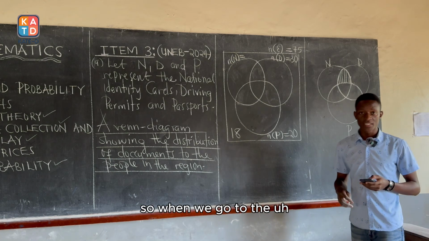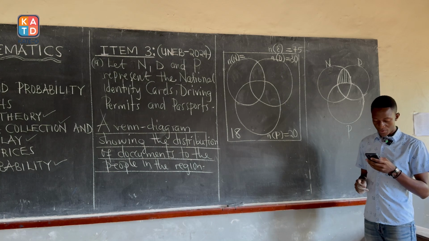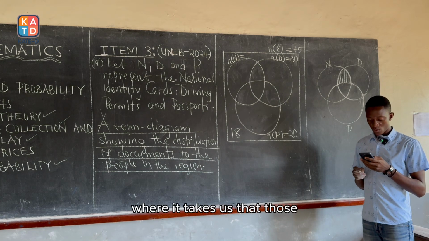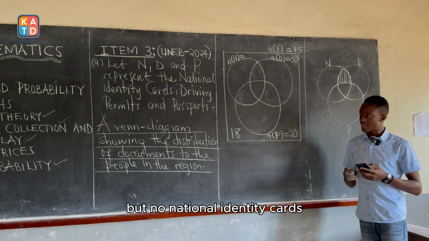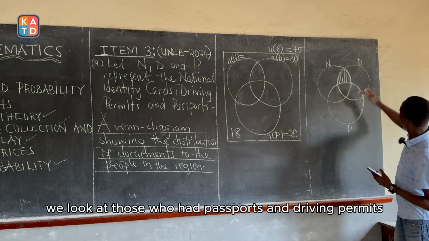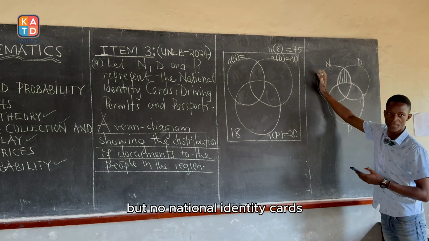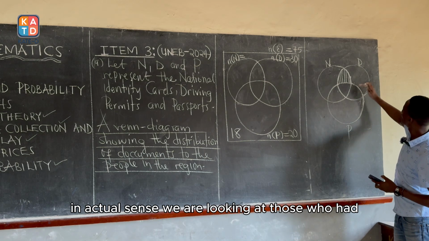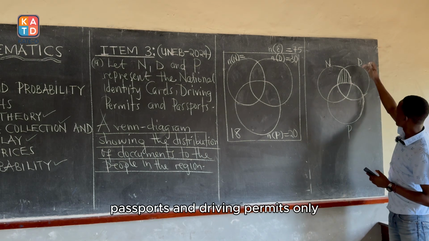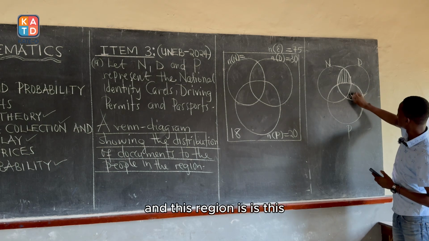So when we go to this second part of the scenario, it takes us to those who had passports and driving permits, but no national identity cards. So we locate those who had passports and driving permits, but no national identity cards. In actual sense, we are looking at those who had passports and driving permits only. And this region is this.